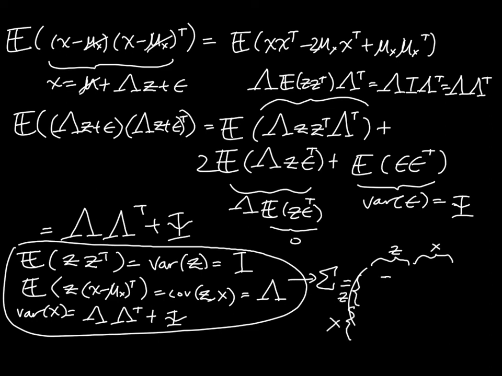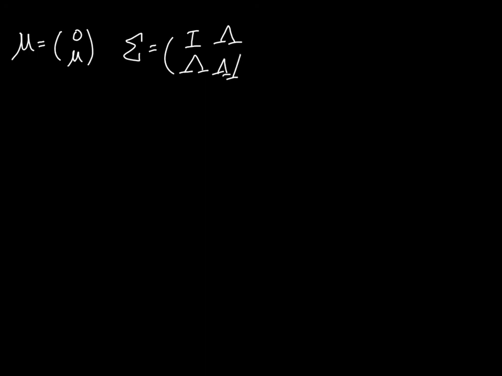So this is I, this is lambda, this is lambda, this is lambda lambda transpose plus psi. To recap, we get mu is equal to 0 mu, and sigma is equal to I lambda, lambda transpose, lambda lambda transpose plus psi.